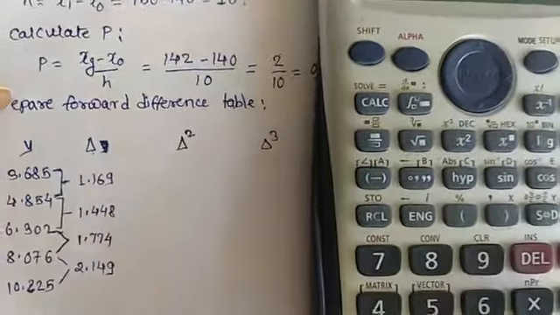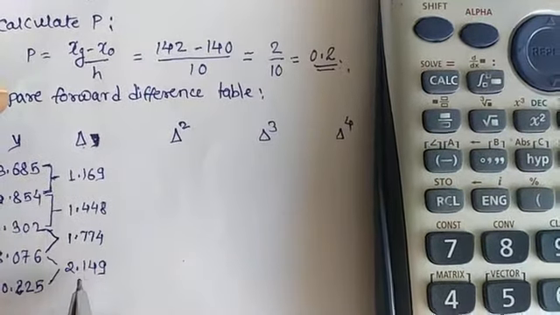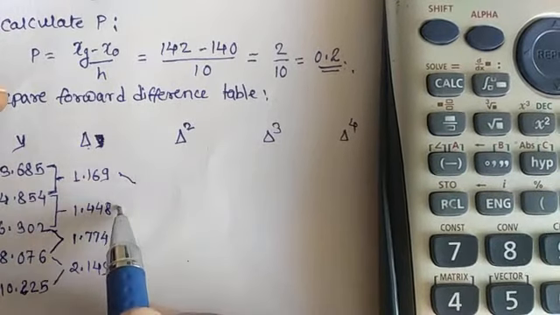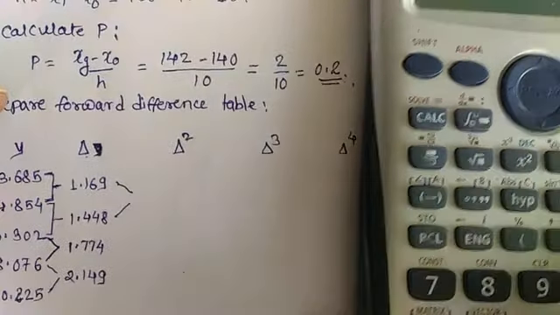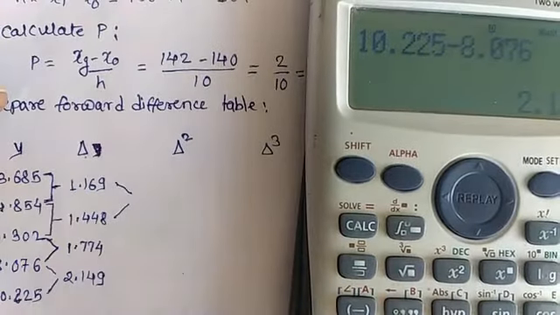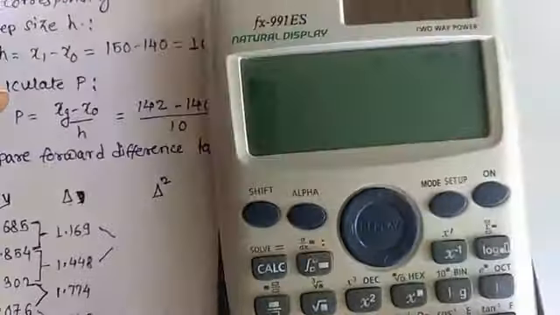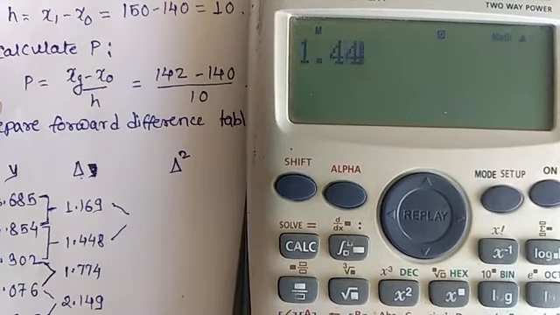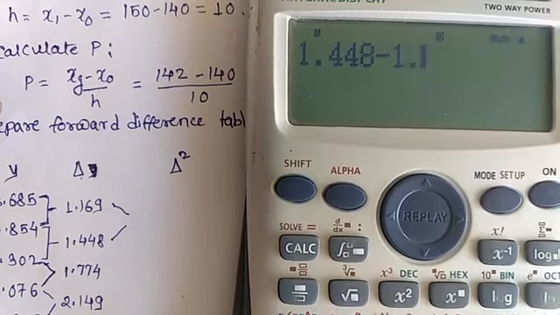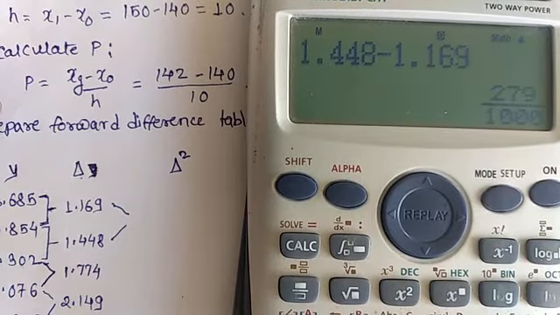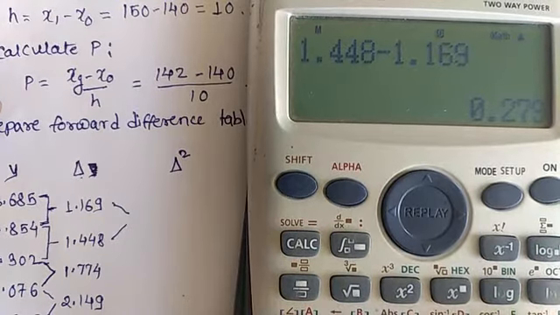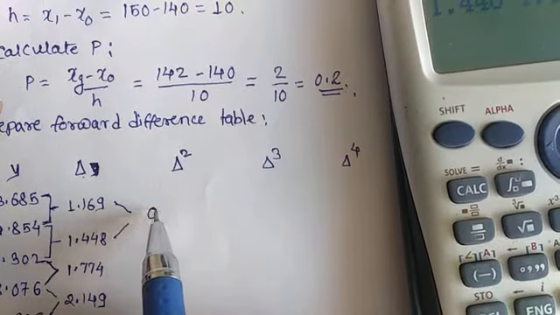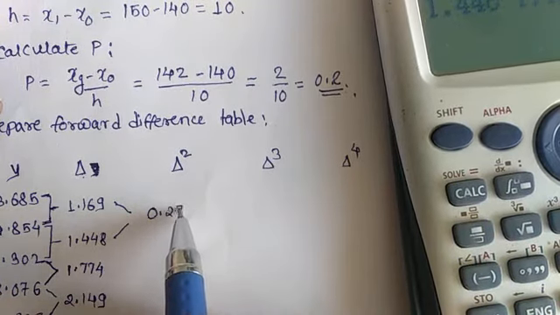Okay, next, here we got the first difference, which is denoted by del. Next, the second difference, we will take in a similar manner. We subtract these values: 1.448 minus 1.169, which is equal to 0.279. So here the first value of the second difference is 0.279.